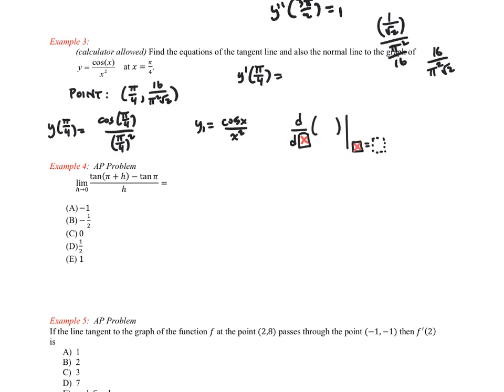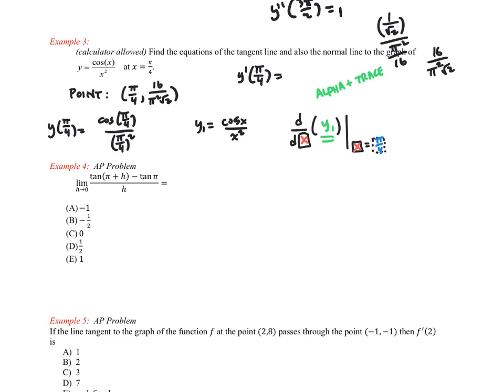I want you to type in pi over 4 here, and then in here I want you to press alpha, trace, and insert y1 right there. Okay, so an x, alpha trace y1, and a pi over 4.